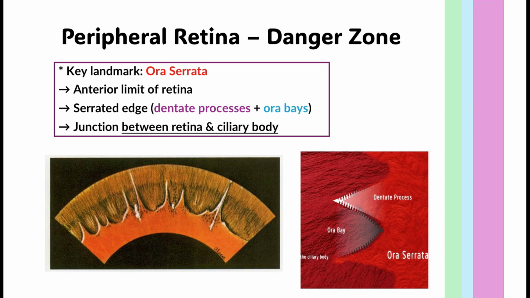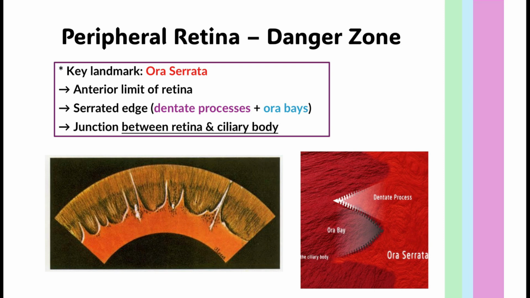And it marks the transition point between two very different structures. First, the multi-layered neurosensory retina posteriorly, and second, the single-layered non-pigmented ciliary epithelium anteriorly. Now, the ora serrata lies approximately 5 millimeters anterior to the equator, and it's about 2 millimeters in width. And as we said before, it's not a smooth line.